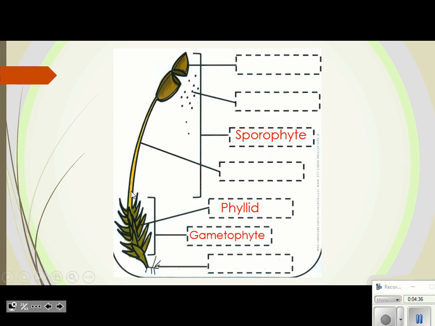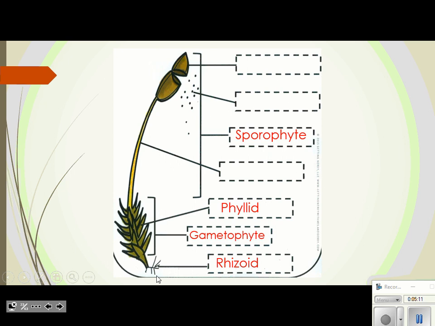Now, let's talk about these gametophytes. I told you we're going to give a name to these little leaf-like projections. Phyllids. These are the phyllids. Now, what are those little things down at the bottom here? What do you think? The R word, what is the R word? Rhizoids. Remember, they're root-like structures.